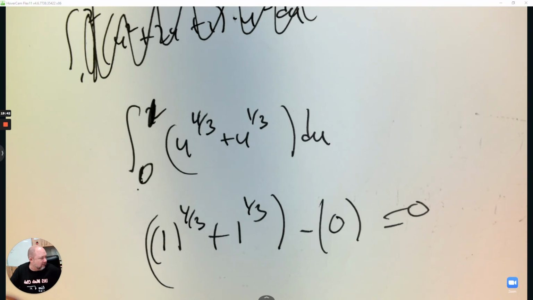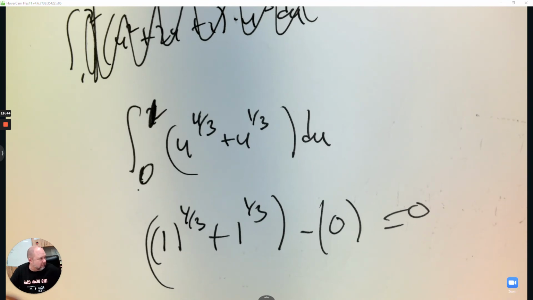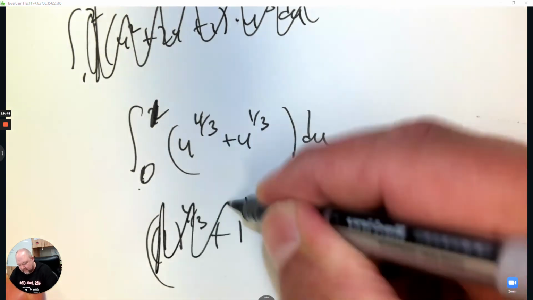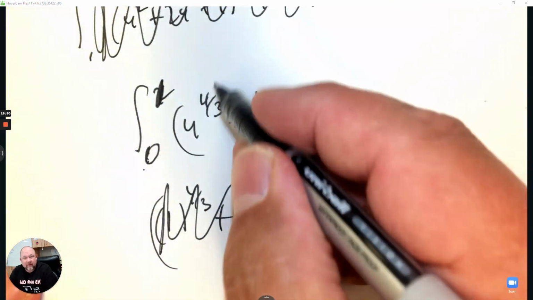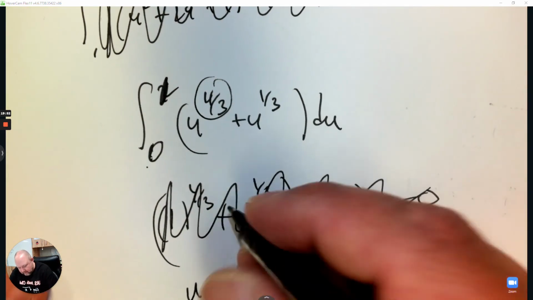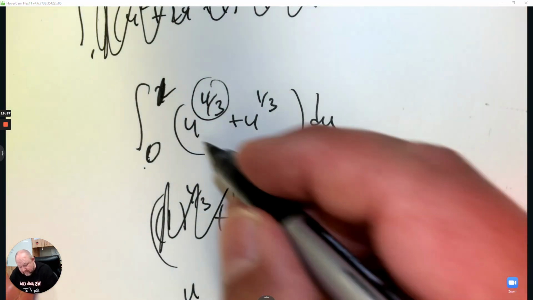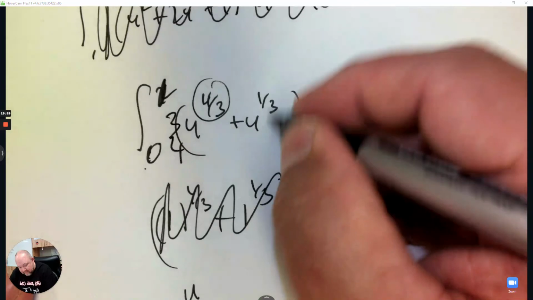And I think the answer is... Oh, wait a second, I didn't integrate this yet. Ha. So when I integrate it, I add 1 to the exponent. I did add 1 to the exponent. I didn't do the divide by. That's 3/4. And then divide by, that's 3.